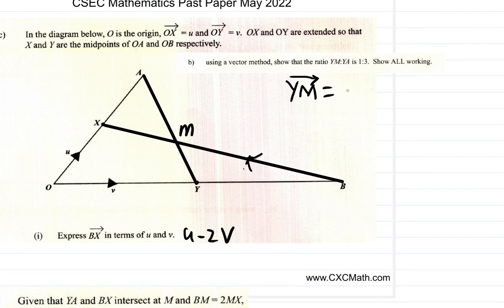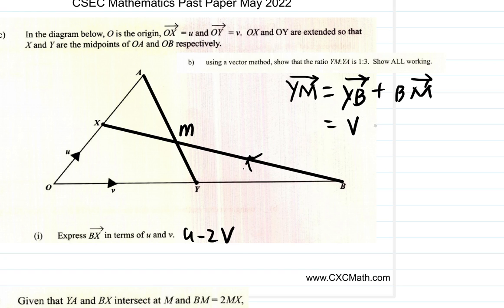So YM is equal to, so if you move from Y to M, you could have moved from Y to B, so this would be equal to YB plus BM. Now what is YB? YB is the same as v, because remember, O to Y is v. Y to B is in the same direction and same distance, so it is v.